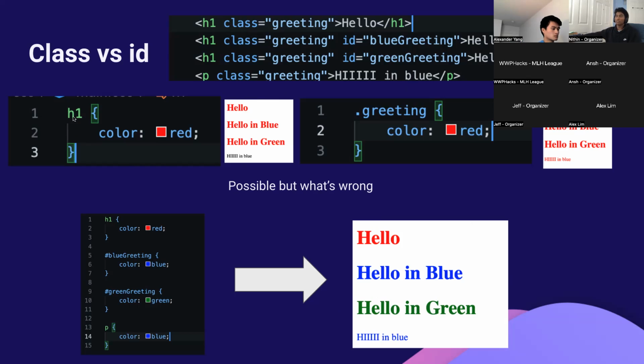This is the syntax for it too. If you want to use the name of a tag as a specifier, we can call h1 and then open braces and have all of the styling that I want. In this case, it's just color equals red, which changes the font color.